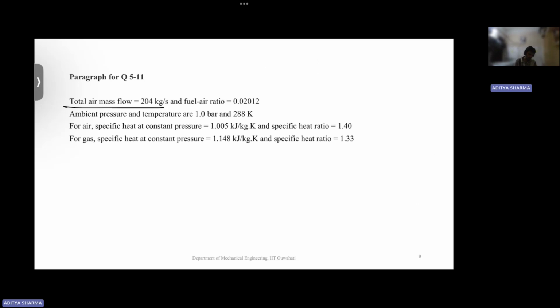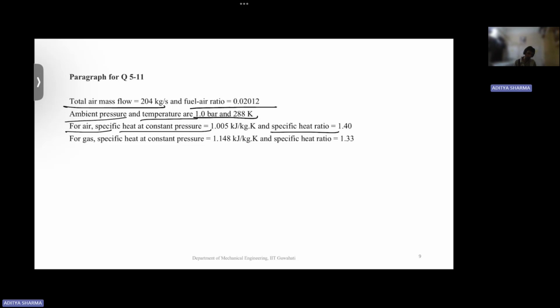Then total air mass flow is 204 kg per second. Fuel to air ratio is this. Ambient pressure and temperature are 1 bar and 288 Kelvin. For air, CPA is given as 1.005 kilojoule per kg Kelvin.